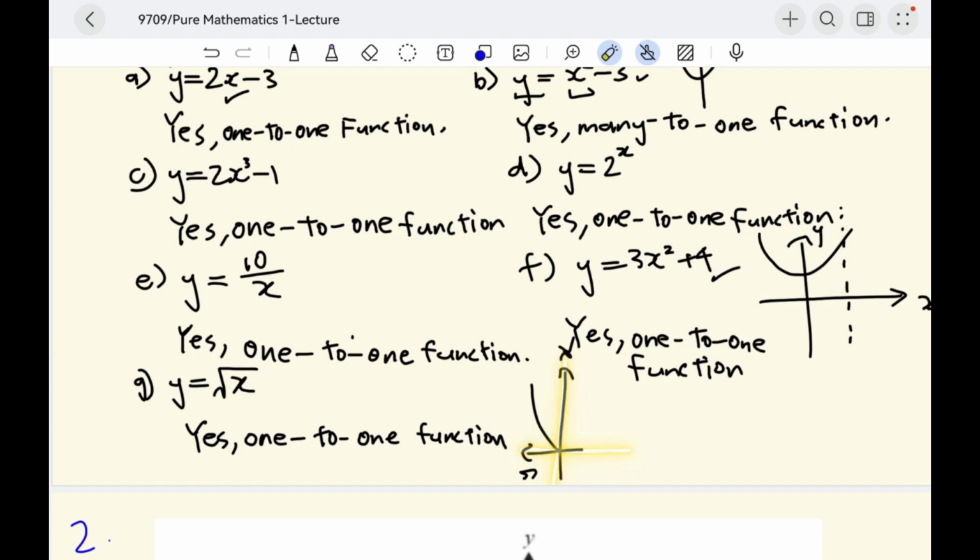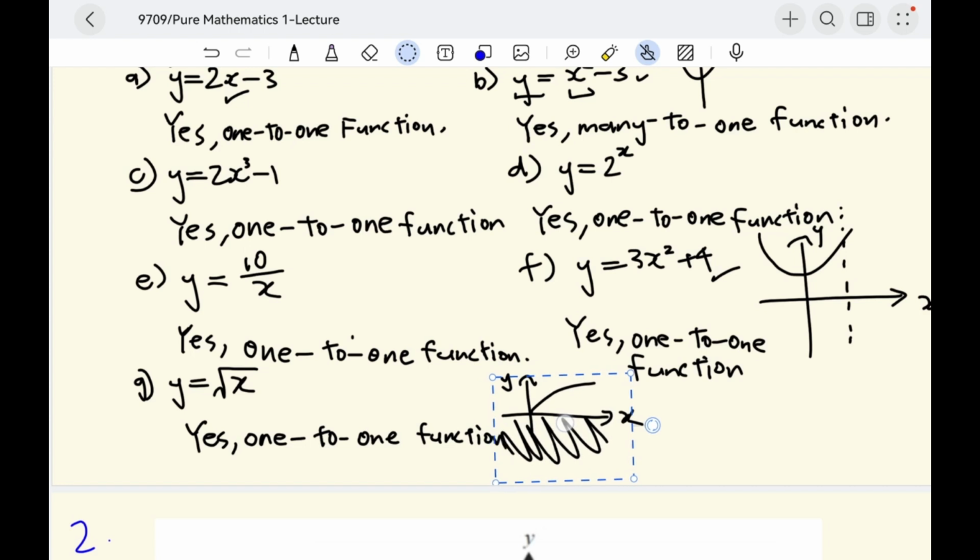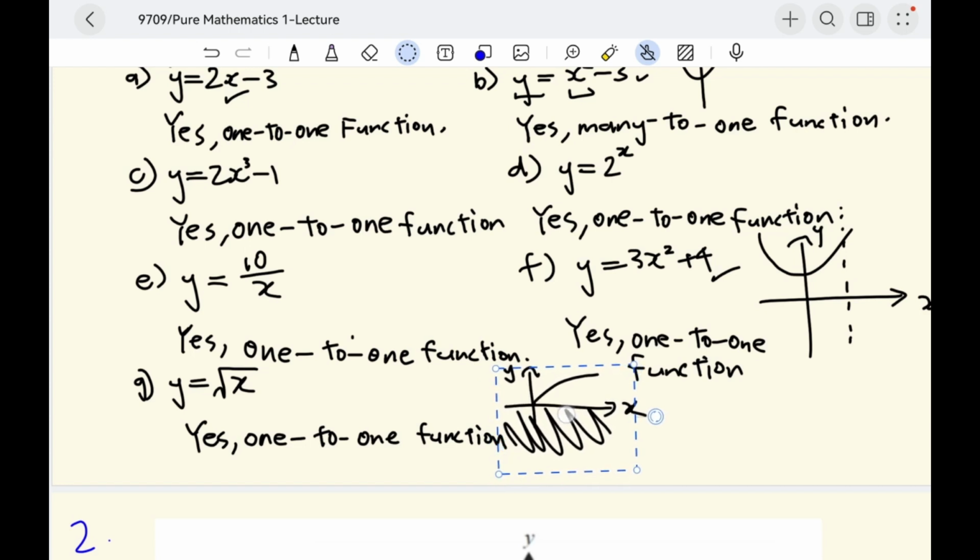It is basically y squared equals x. Then you sketch it this way, just that you need to discard the negative range when you rotate back to its original position. So this is how the square root graph looks in the Cartesian plane.